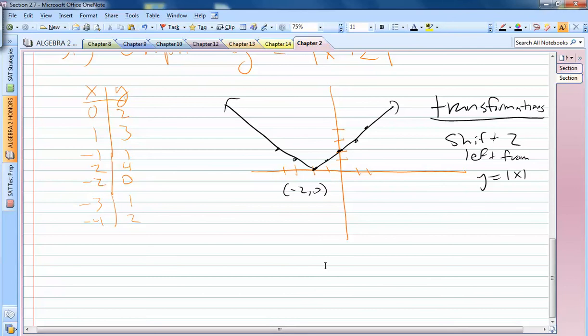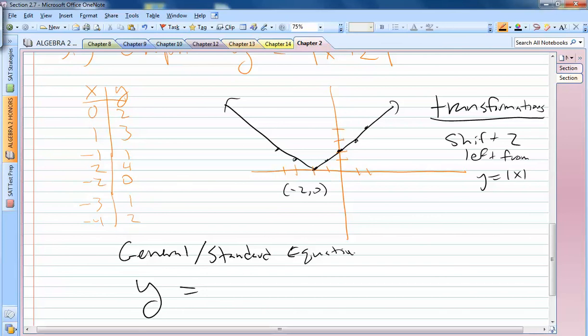So this leads me to a general equation that we can state for absolute value. This is a general or a standard equation for absolute value. And here's how it goes.